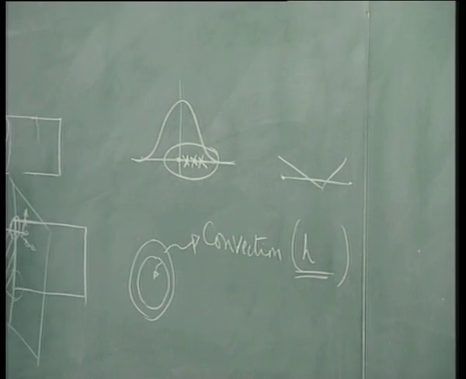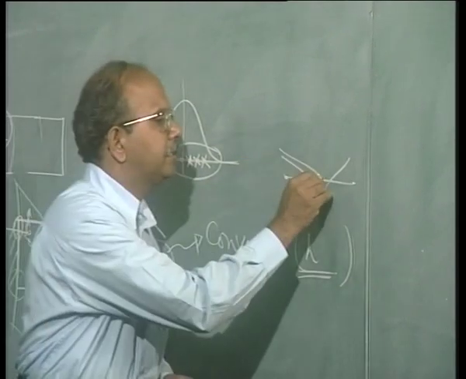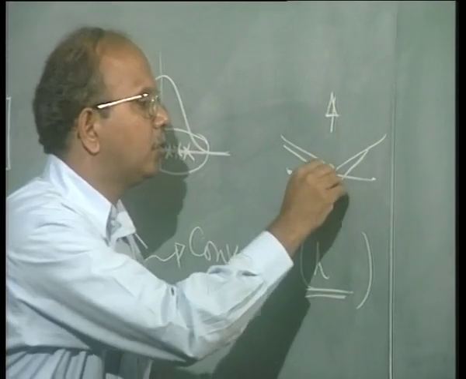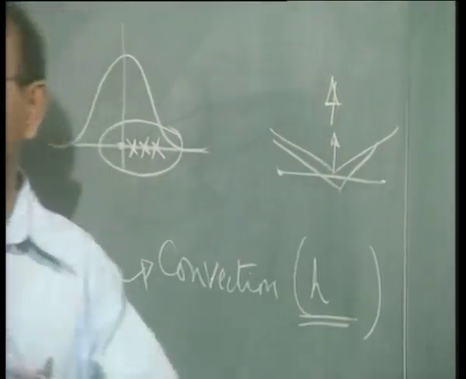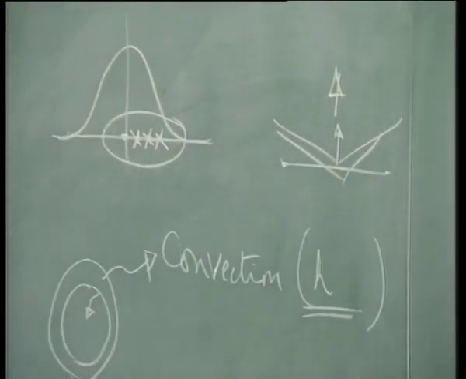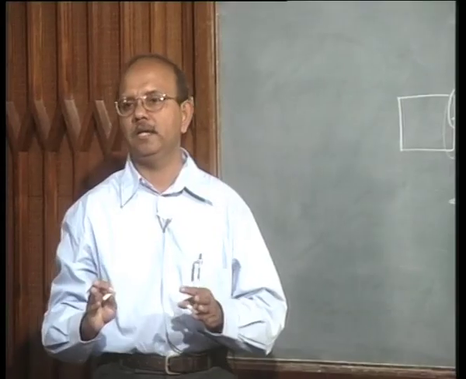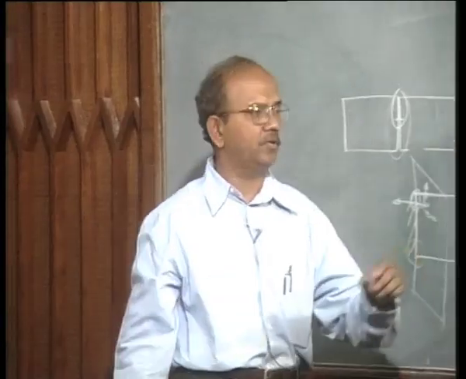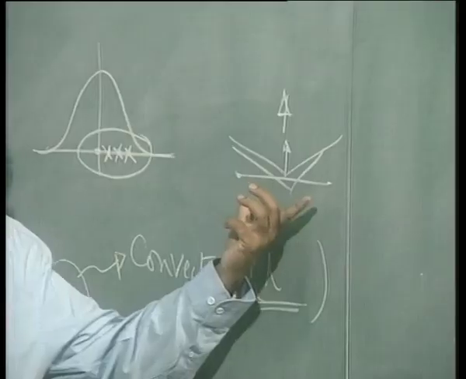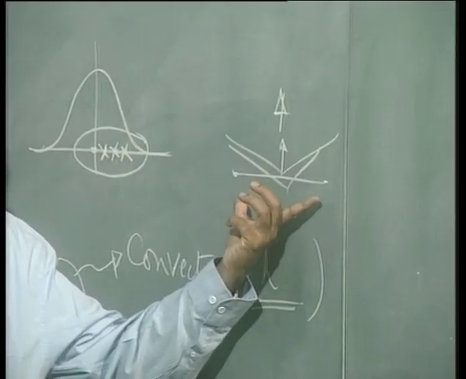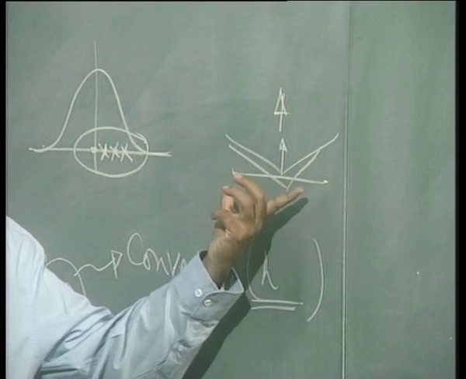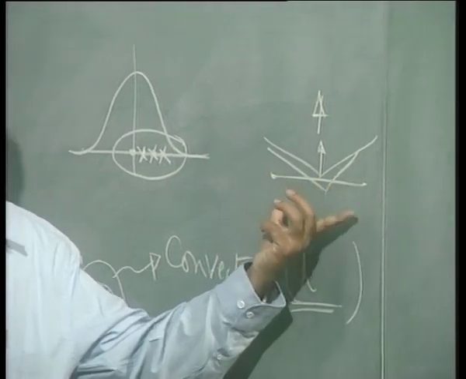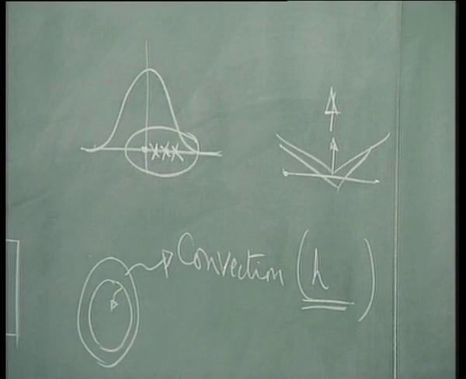On the other hand, if a node is sitting here and there is a tensile load and the node starts moving out, the contact algorithm will not do anything. The contact algorithm is only there to prevent the penetration of one node into the master node or master nodes, or the master surface or master line, whatever you call it. Is that clear? So you can't use a contact algorithm.